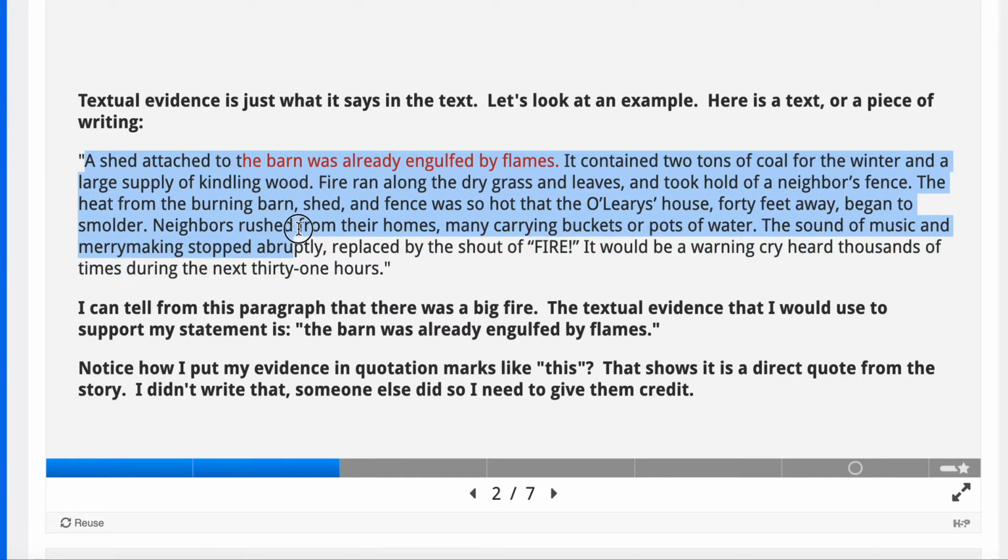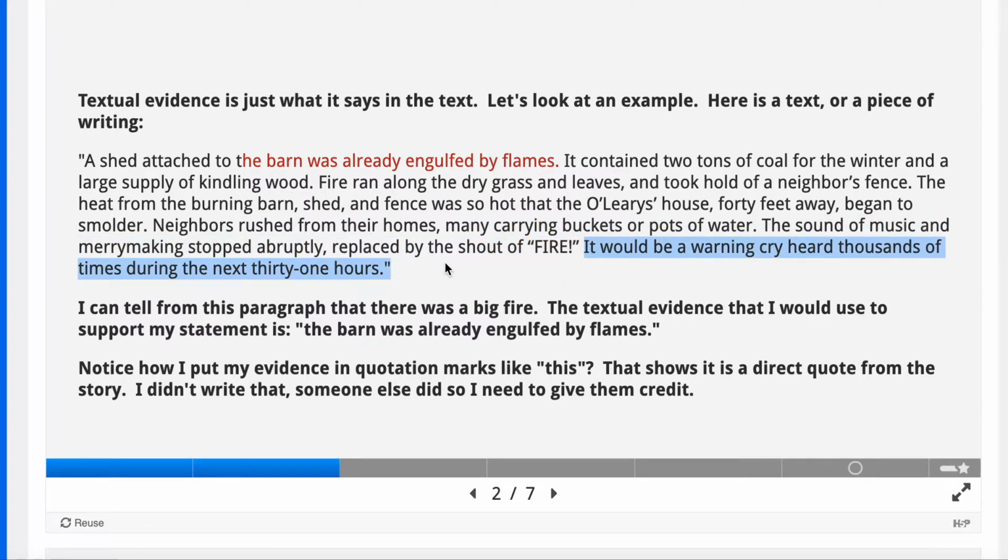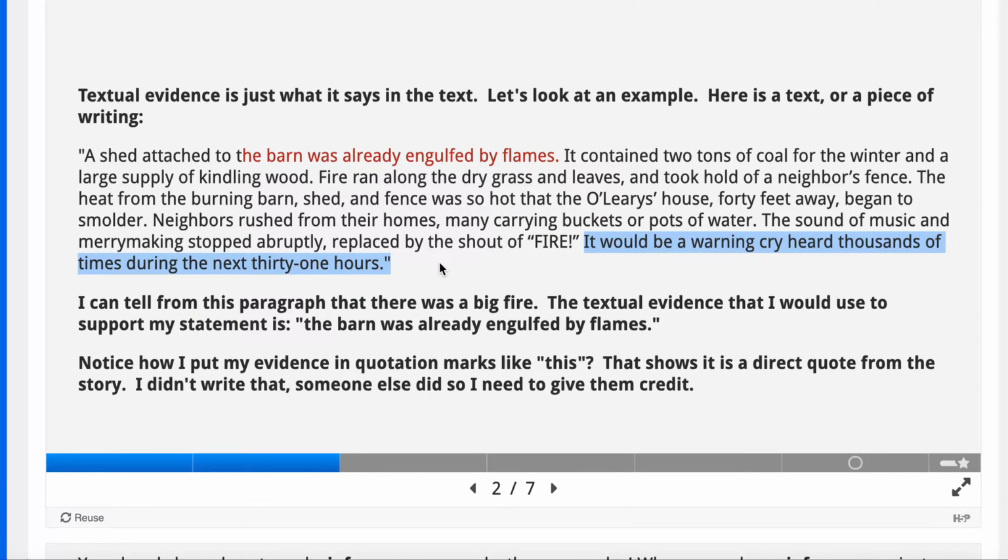The heat from the burning barn, shed, and fence was so hot that the O'Leary's house, 40 feet away, began to smolder. Neighbors rushed from their homes, many carrying buckets or pots of water. The sound of music and merrymaking stopped abruptly, replaced by the shout of fire. It would be a warning cry heard thousands of times during the next 31 hours."